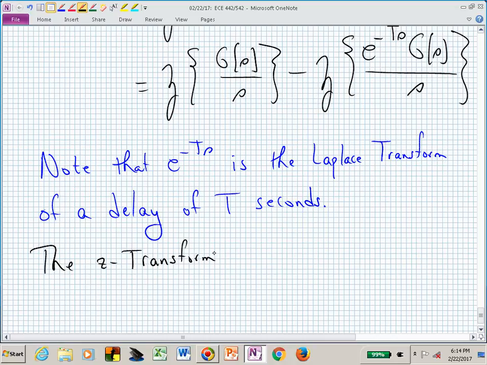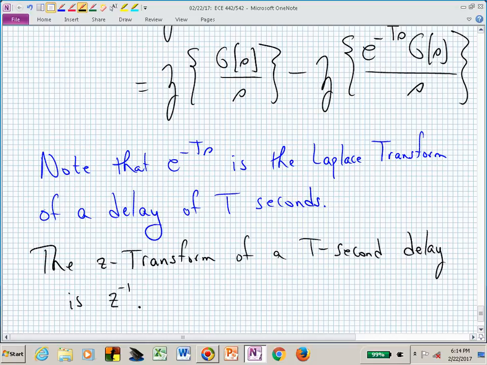What's the Z-transform of a T-second delay? How did we represent that? Isn't that the frequency domain representation of a unit delay?